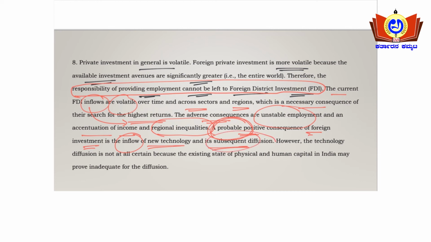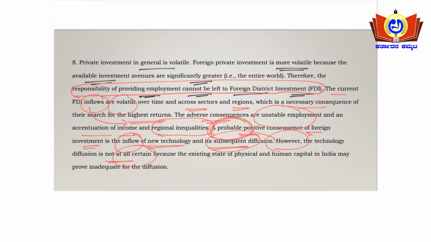If at all new technology comes through foreign direct investment, then it is probable that the technology will be diffused. However, the technology diffusion is not at all certain. The passage is saying it is not certain that it diffuses.